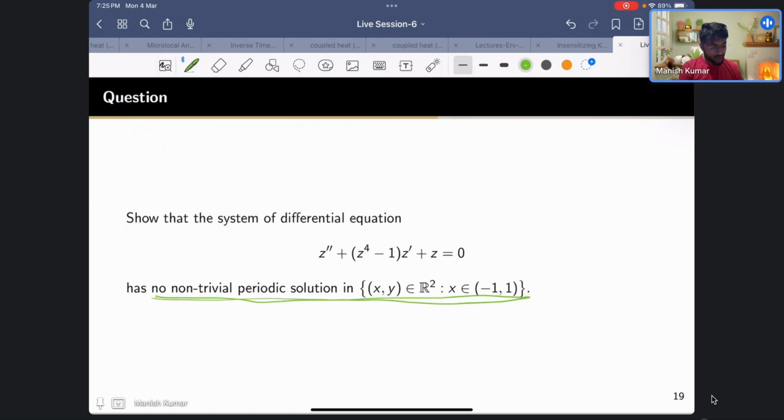Now what you have to check is whether the sign is preserved in this domain. If so, we are done, and we can say that it does not have any periodic solution.